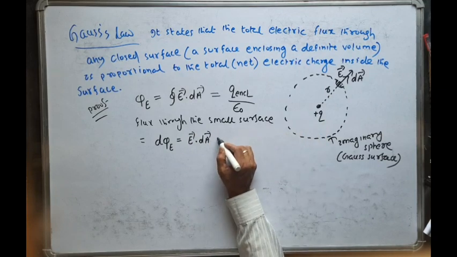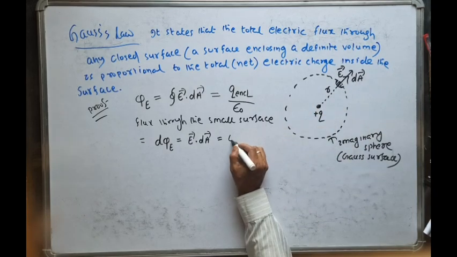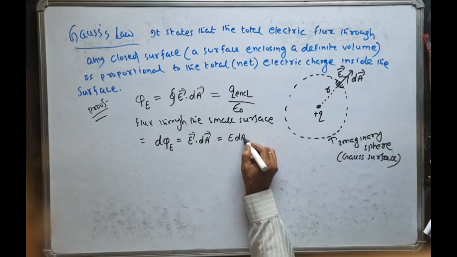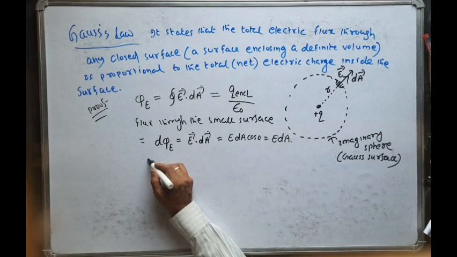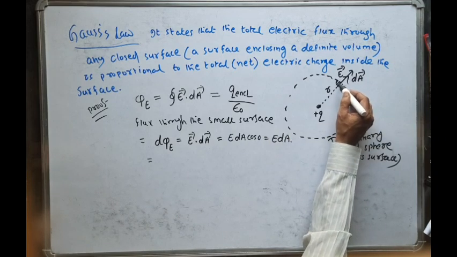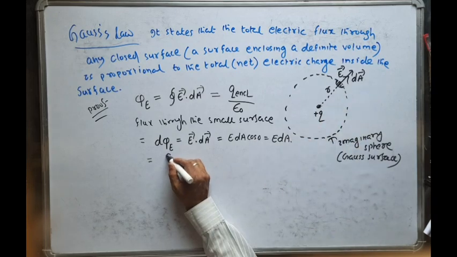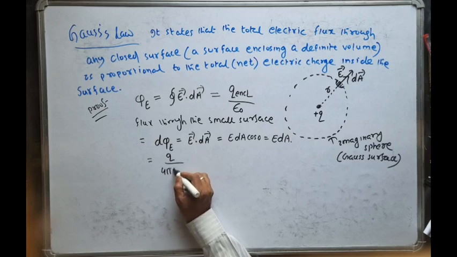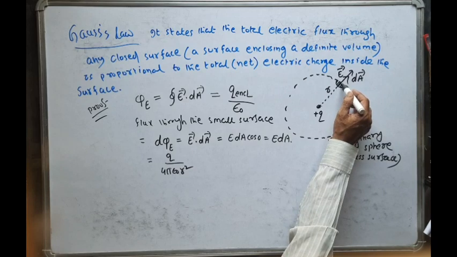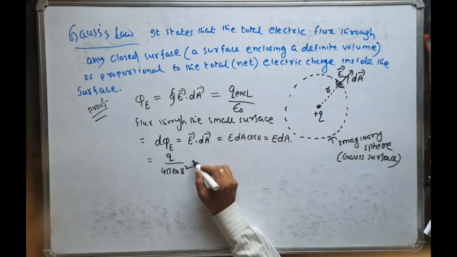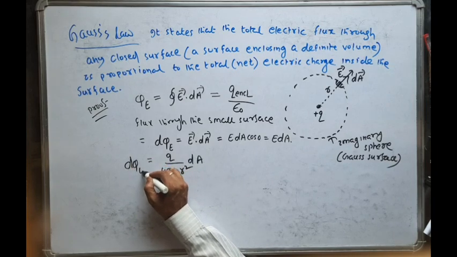Here you see electric field and area vector are both in the same direction, so E dA cos 0, which is equal to E dA. Now you know the electric field intensity at any point due to a point charge at distance r from it: Q by 4 pi epsilon naught r square. So the electric field at this point on the surface multiplied by dA is the electric flux through the small element.